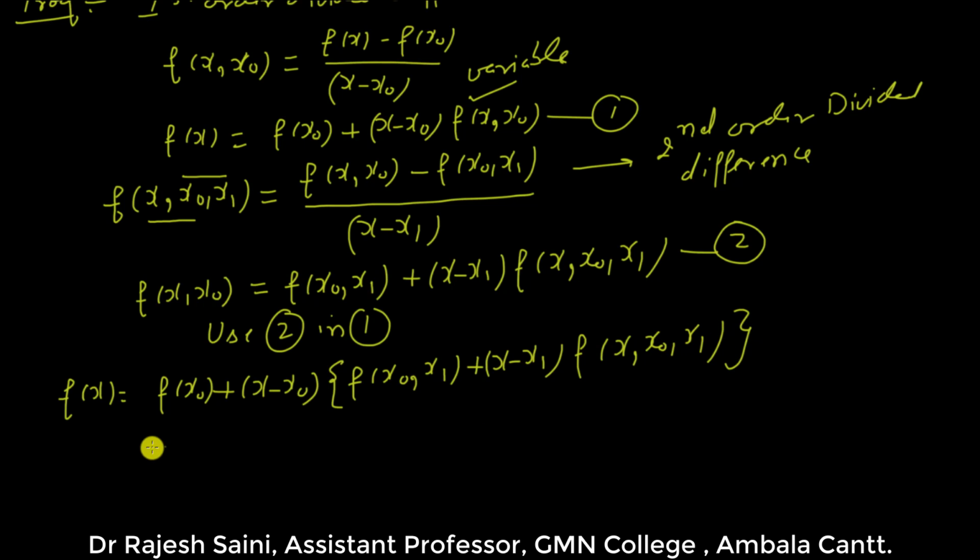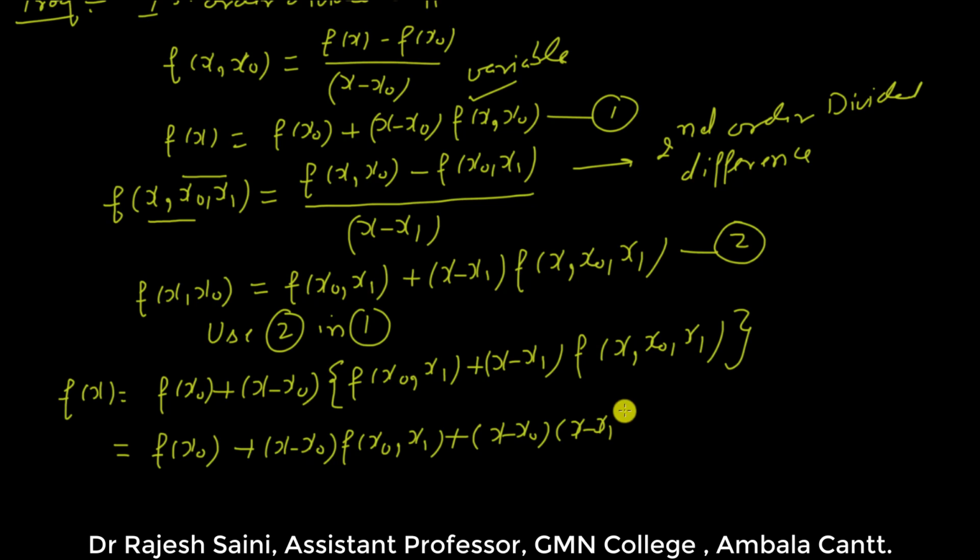You have to use the curly braces. This is equal to f of x naught plus x minus x naught. Now you will multiply inside: it will be f of x naught, x1 plus x minus x naught into x minus x1, times f of x, x naught, x1.